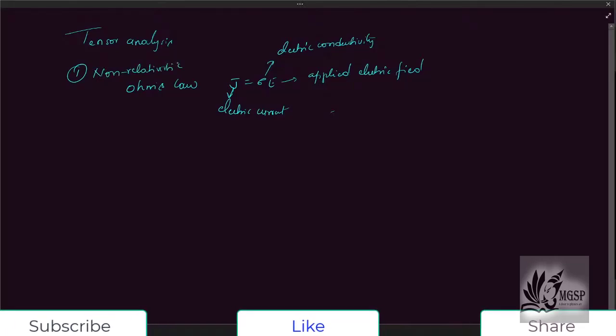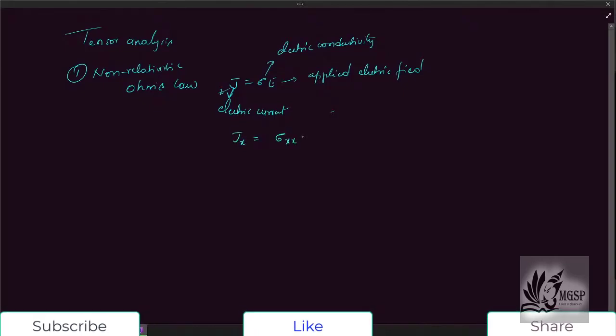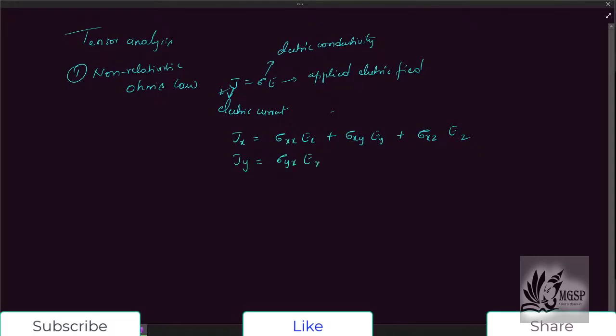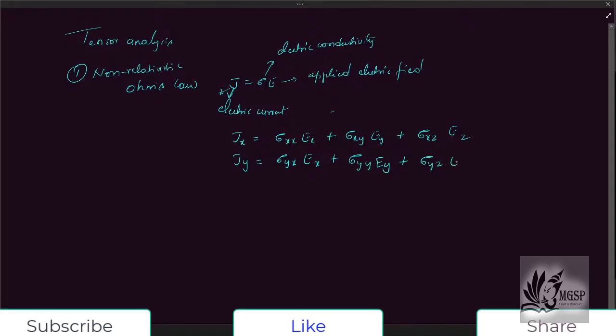Also we use tensors in the general theory of relativity. First, let's expand this in terms of the x component, y component, and z component. Jx can be written as sigma xx Ex plus sigma xy Ey plus sigma xz Ez, and similarly in y, Jy is sigma yx Ex plus sigma yy Ey plus sigma yz Ez.